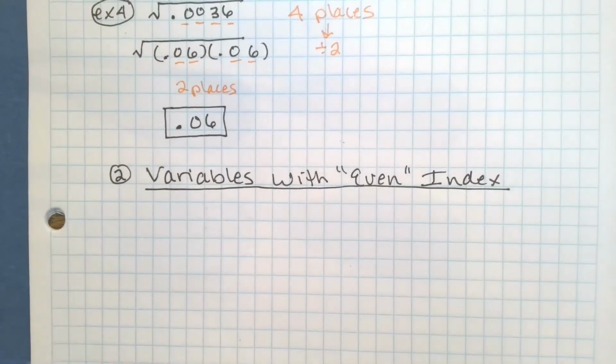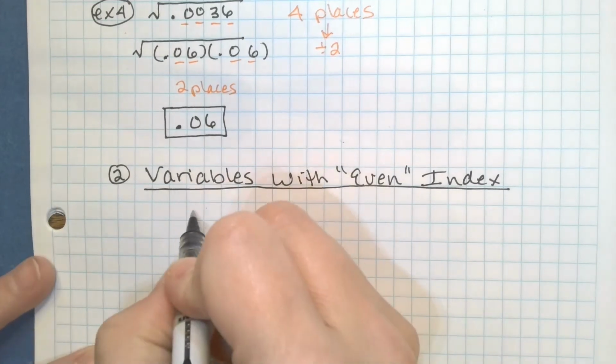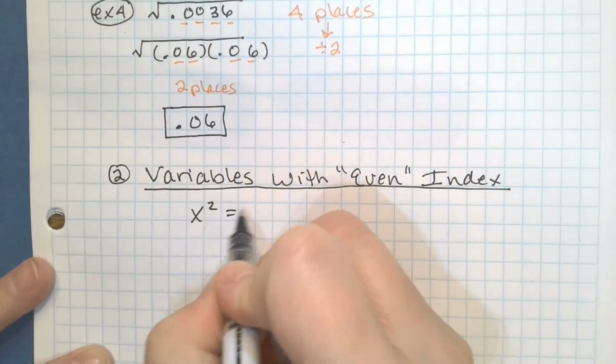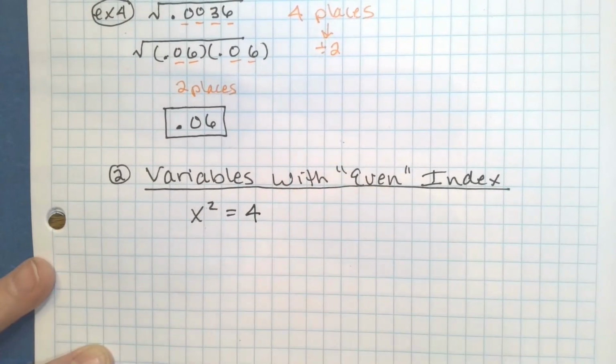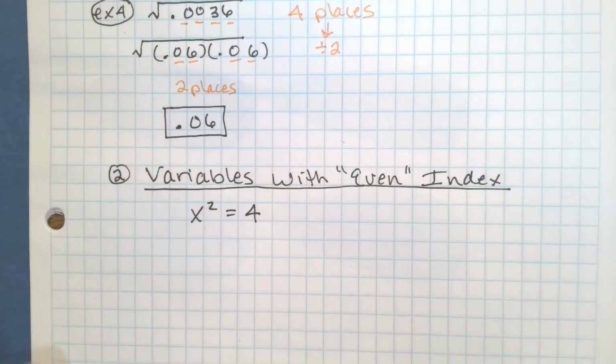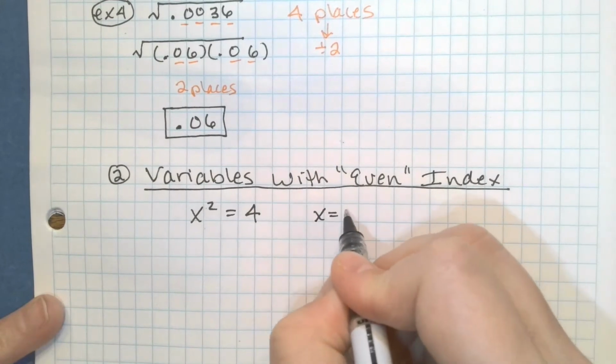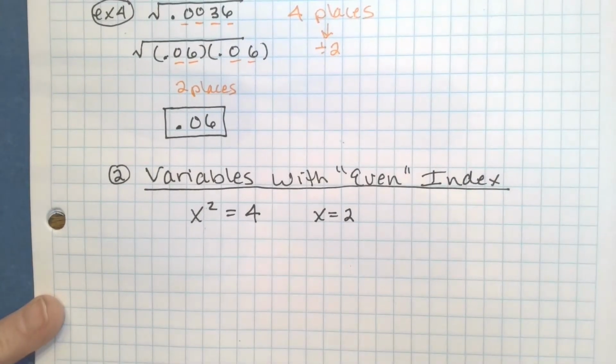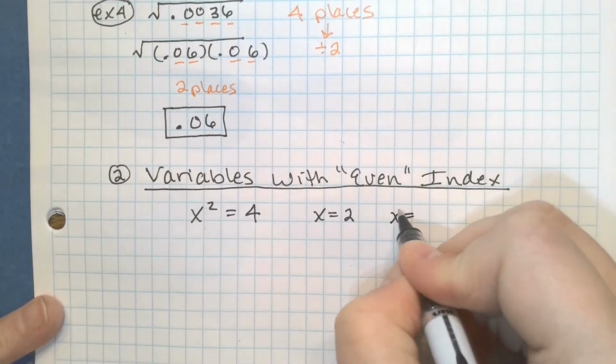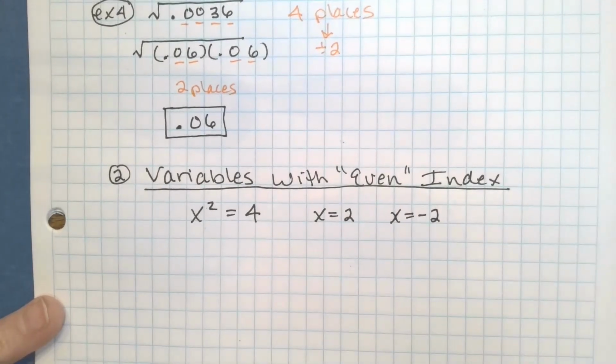So the dilemma with an even index is you're trying to work backwards to an answer that has disappeared. For example, if x squared is equal to 4, well, we know that 2 times 2 is 4. The problem is positive 2 times positive 2 is 4, but negative 2 times negative 2 is also 4.